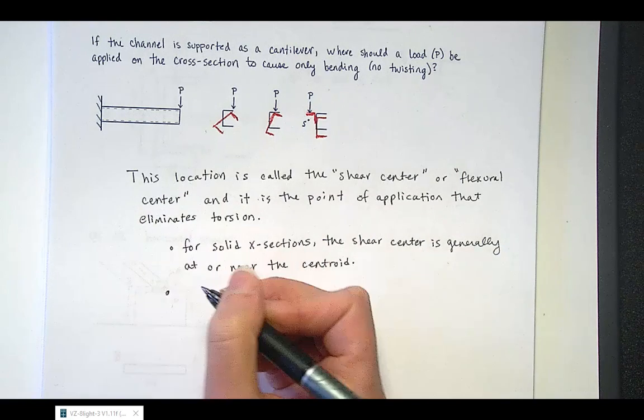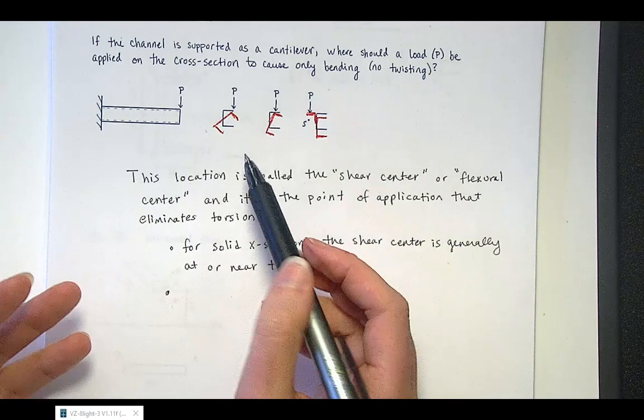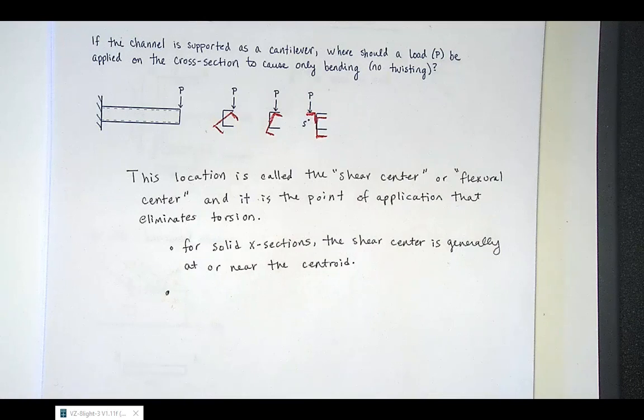But for open, thin-walled sections like this channel shape, oh yes, you have a question? Are the diagrams with the red pen supposed to be a cross section? Yes, the channel, exactly.